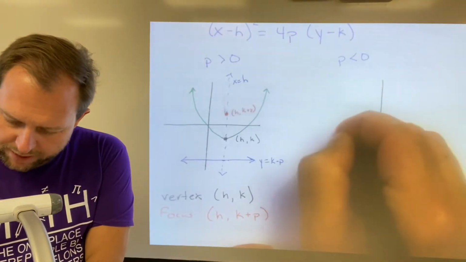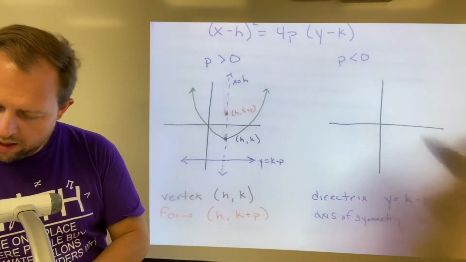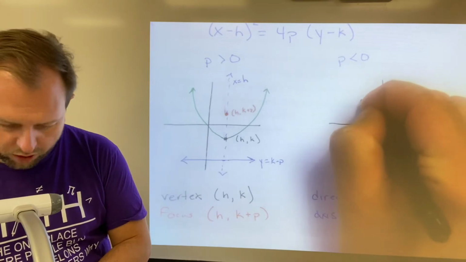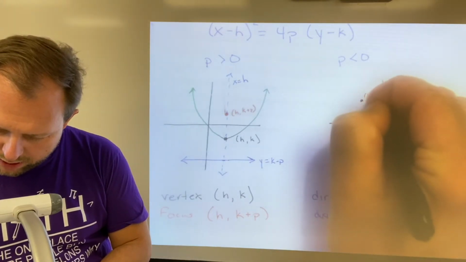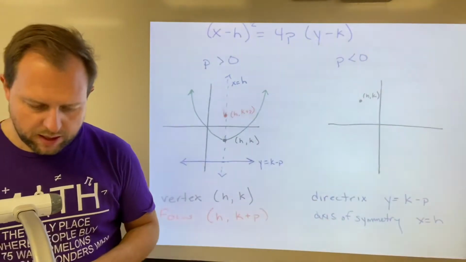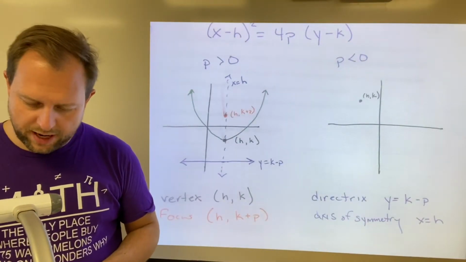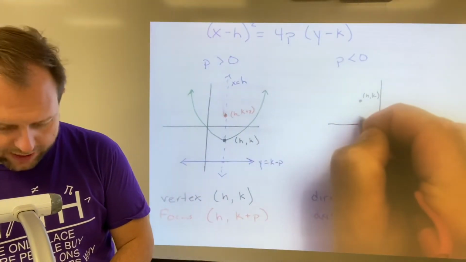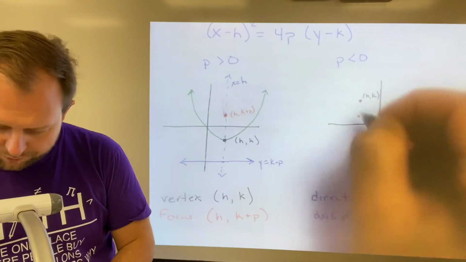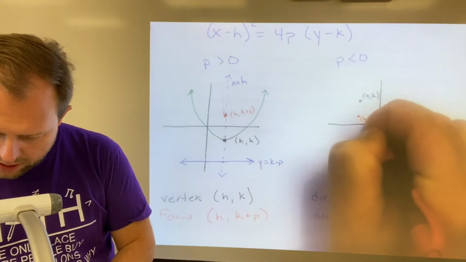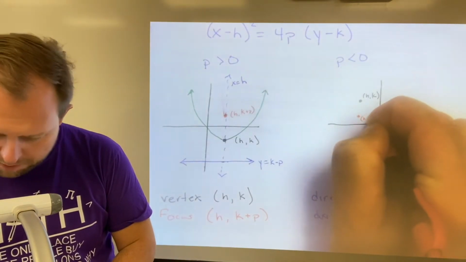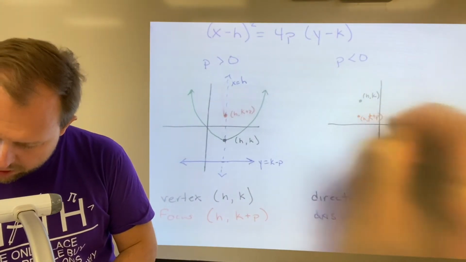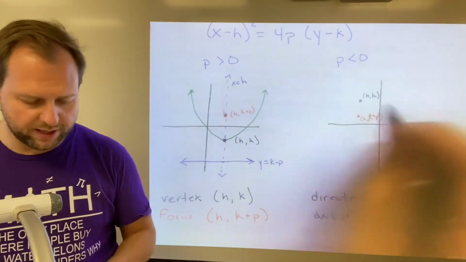So when we look at that, I'm going to put in a random vertex here at (h, k). And in this case, because p is less than 0, that means that (h, k plus p) is going to be below, because p is negative, so it's going to bring it down.